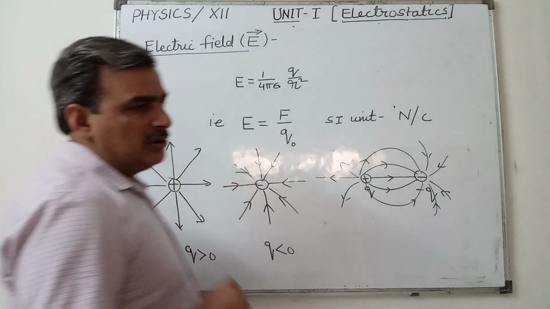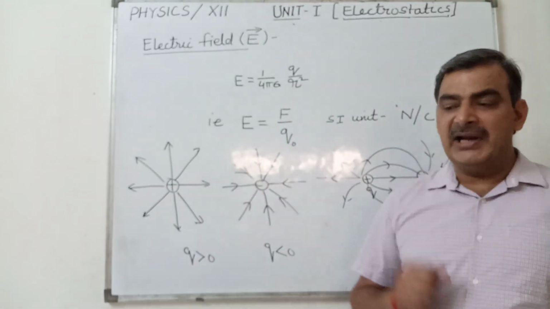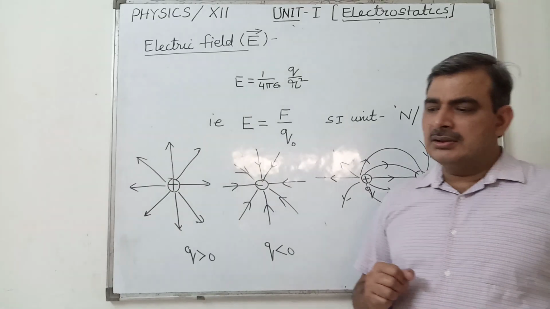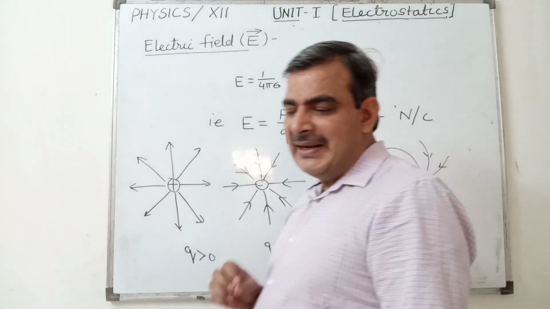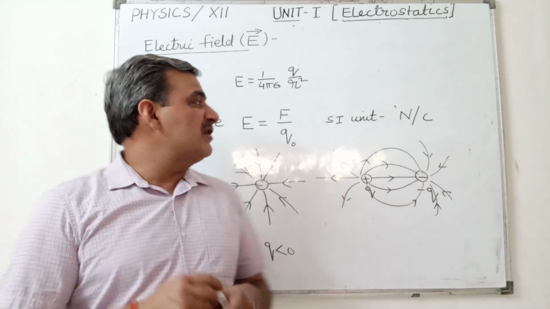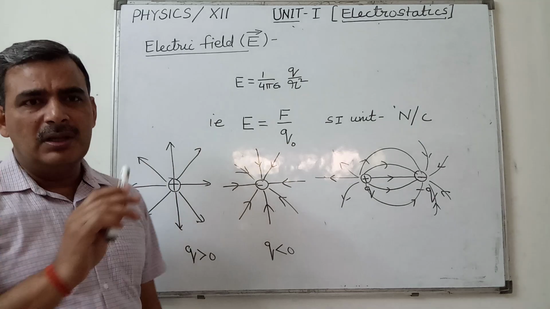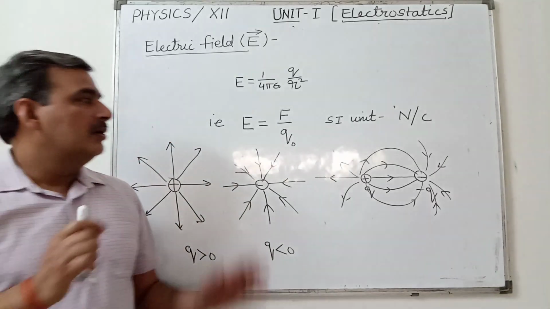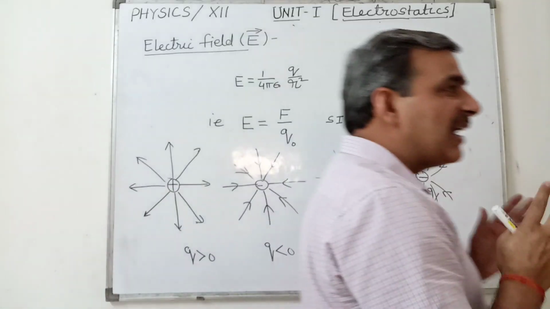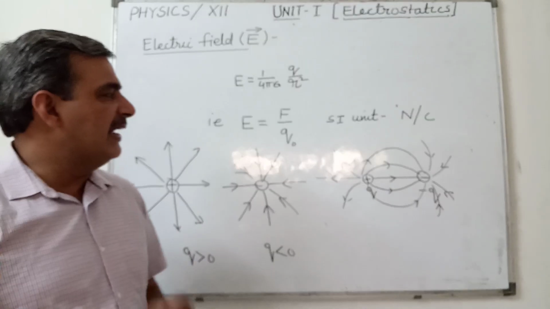Now, if we talk about the properties of field lines, the important properties are that the field lines start from a positive charge and end at the negative charge. These are not like magnetic field lines.